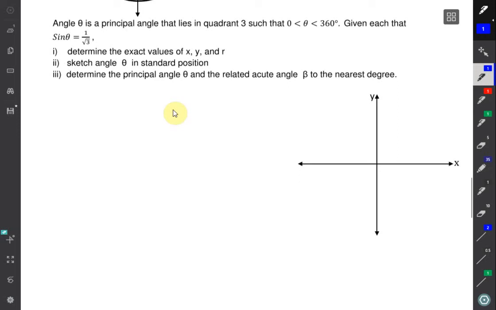So what we need to do in the third quadrant is draw our triangle. And the opposite is 1. The hypotenuse is the root of 3, which is bigger than 1. So we're going to draw the hypotenuse a little bit bigger than the opposite.